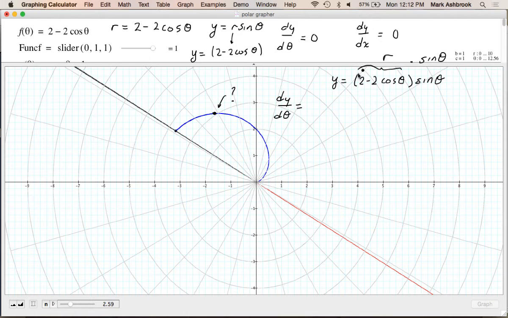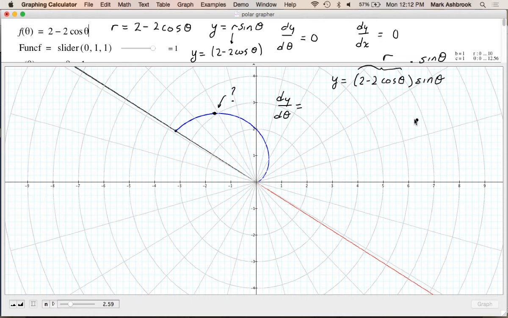So we can work that out for this, or we can talk about what dy d theta is generically. If y is always r sine theta, and r is a function of theta, then how do we find dy d theta? Generically, y is r, a function of theta, times sine theta.